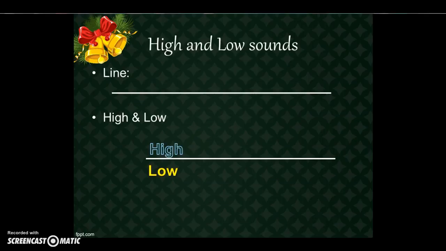Those actual names were letters, G and E: G for high and E for low. So we have our line, and just like high and low sounds, G goes above the line for high sounds, and E goes below the line for low sounds. So we have high, low, or G and E. This is just a review.